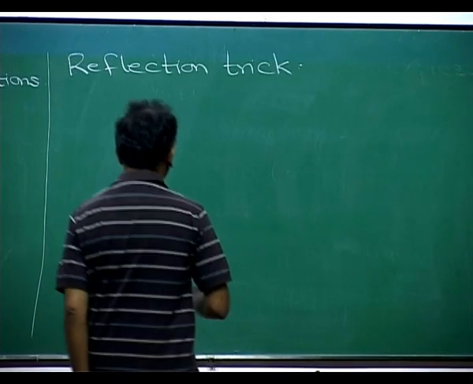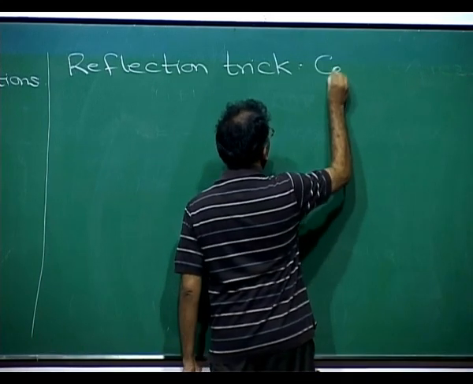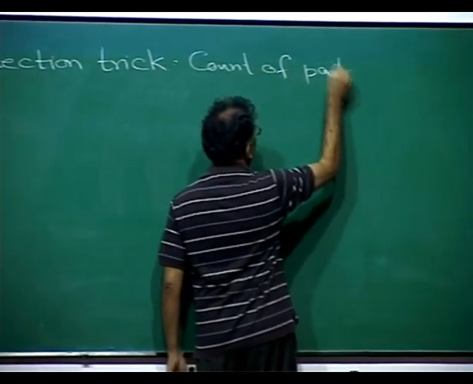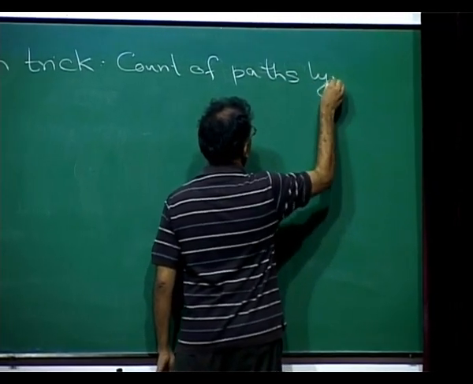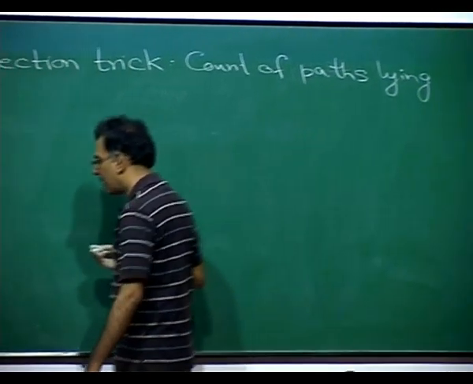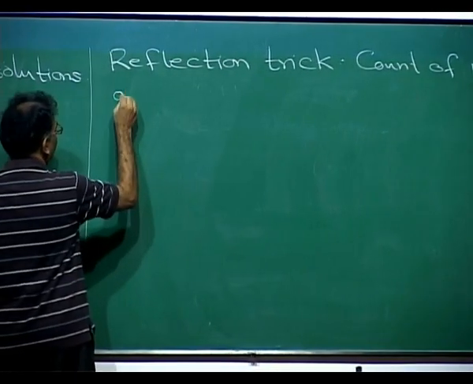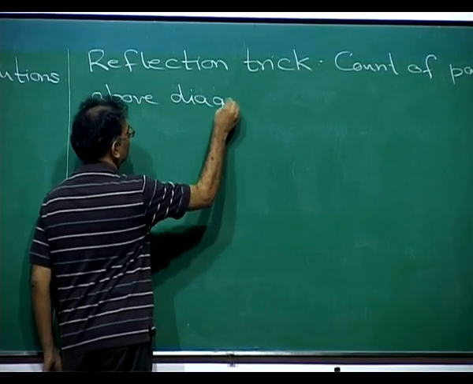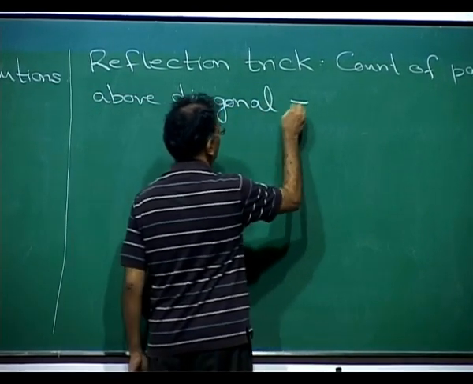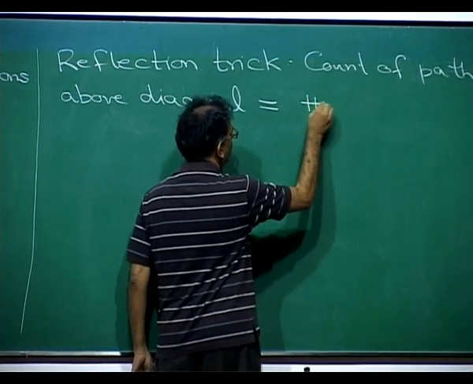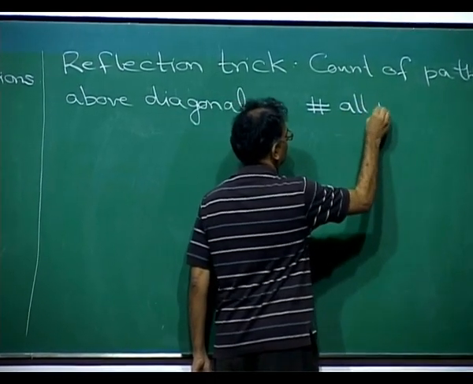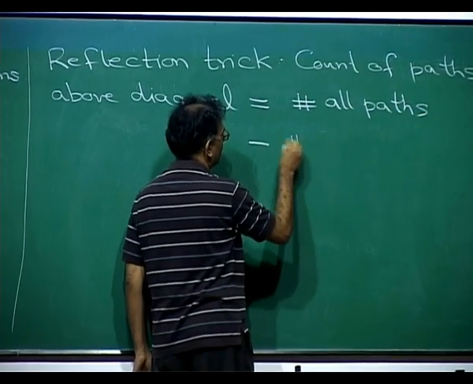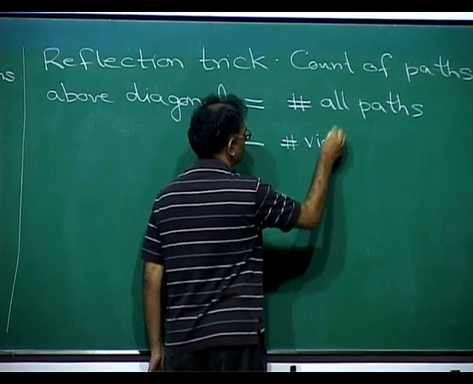So the reflection trick says: the count of paths lying on or above the diagonal equals the number of all paths minus the number of violating paths.